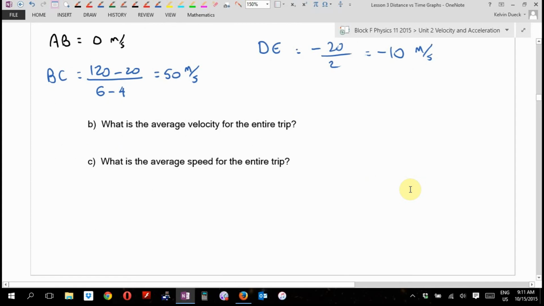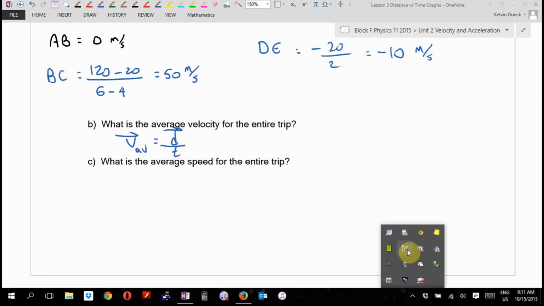What do they want me to find here? Average velocity? Okay. Velocity, I'll put the vector sign. That's going to be displacement over time. What's the displacement?